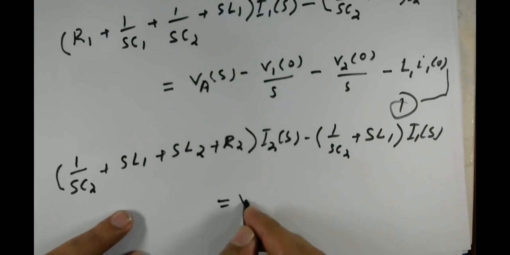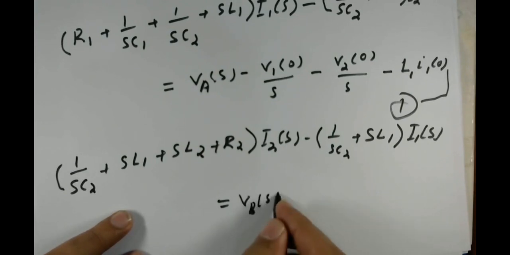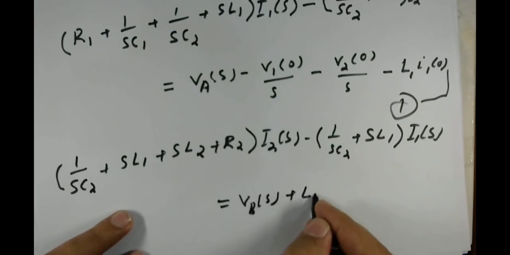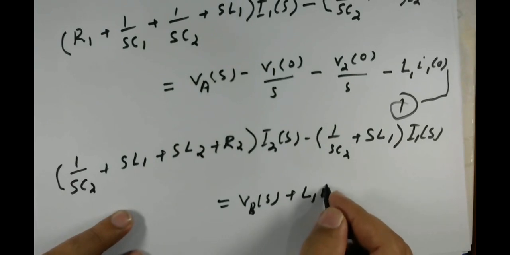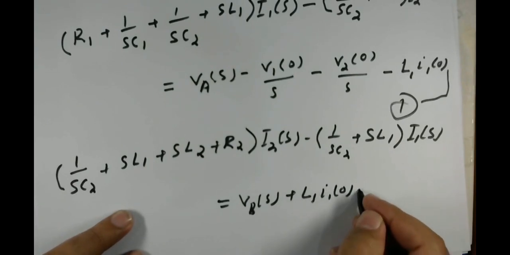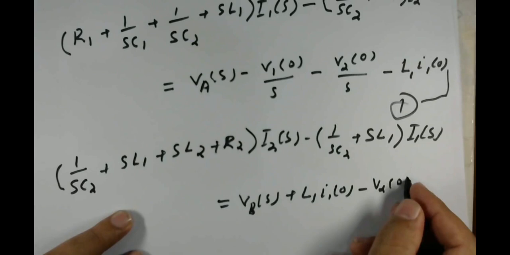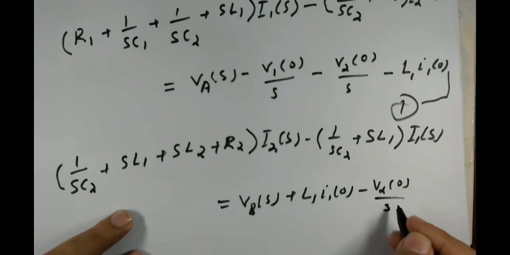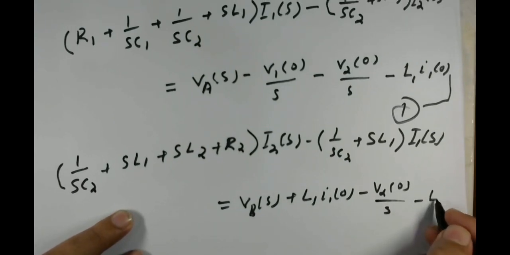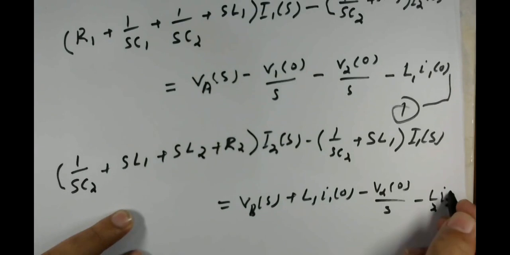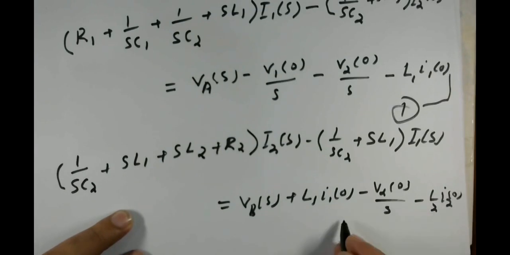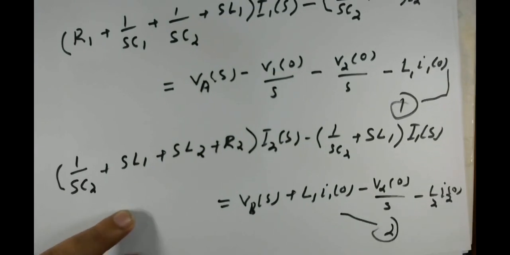So this will be VB(s) + L1 I1(0) minus V2(0)/s minus L2 I2(0). This is your second mesh equation.